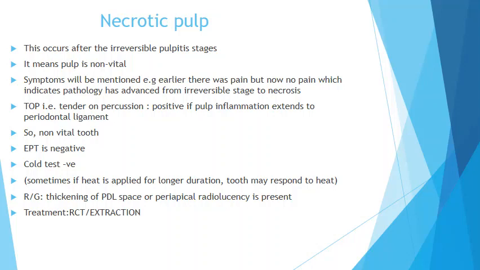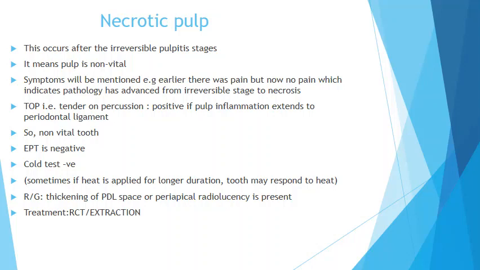But you have to take into consideration that when the cold test is negative, it is generally necrotic pulp. When you see the radiograph, you might see periapical radiolucency present or thickening of the periodontal space. What is the treatment? Treatment for the necrotic pulp is either RCT or the alternative treatment is extraction.